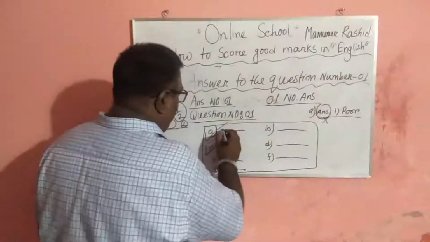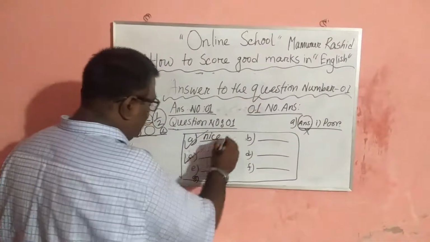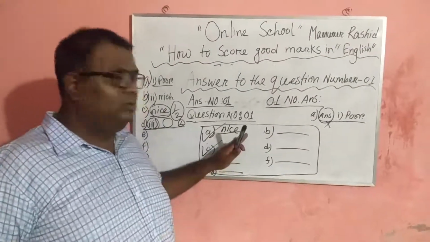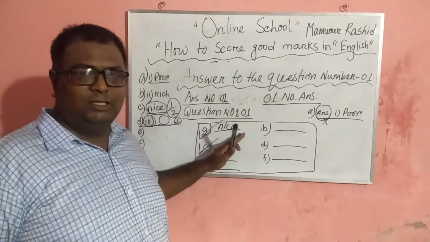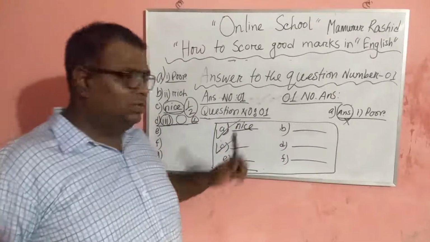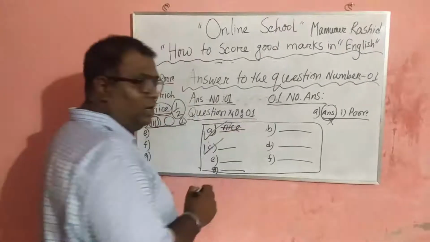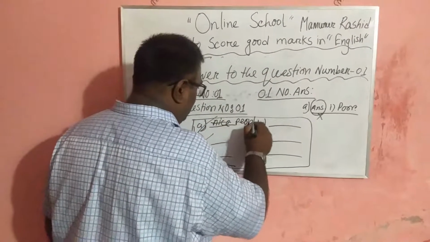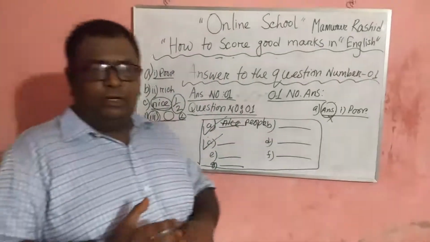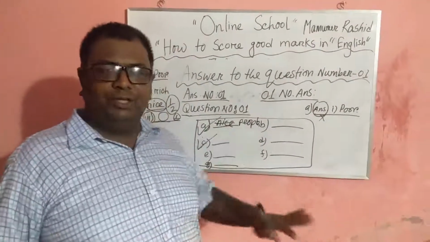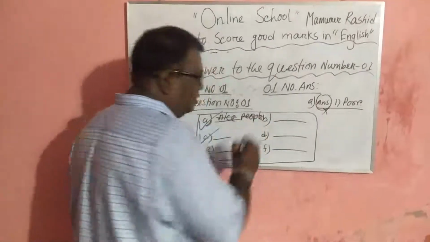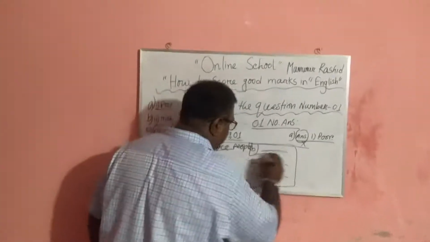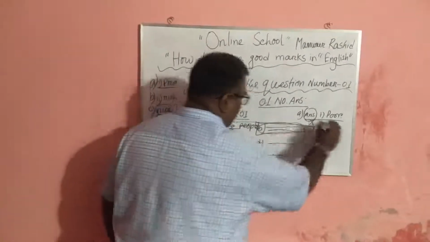Suppose you write here nice, and at the end of the exam you understand that the word nice is not the correct answer to the question, so you cut the word, and again suppose you write here people, and after writing this you again think that yes, the word people is not the right answer here, so you have no space to write another word here.